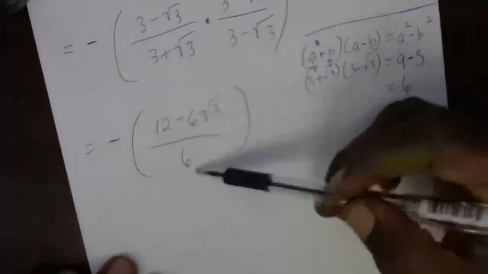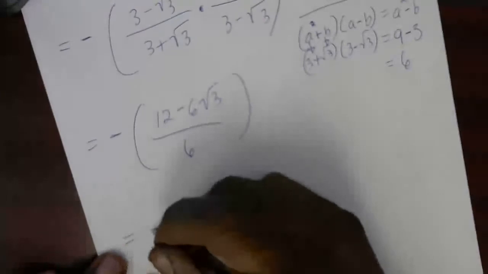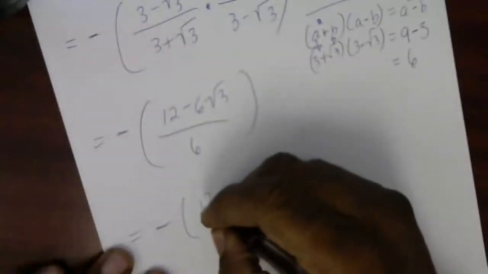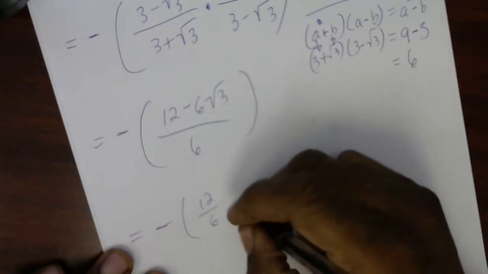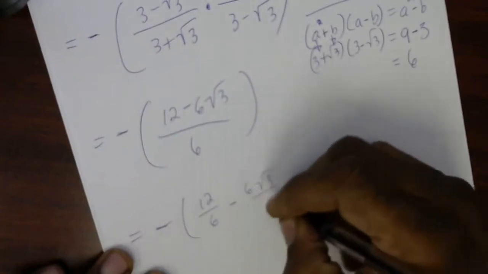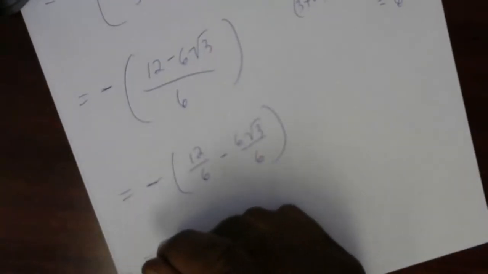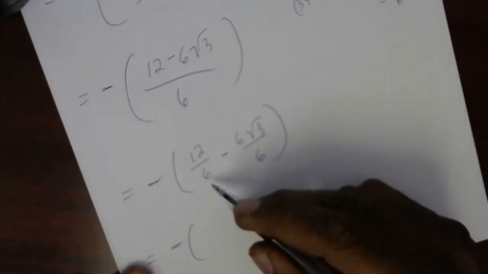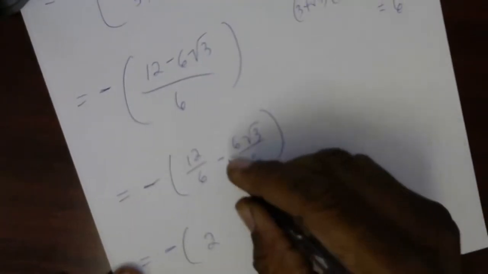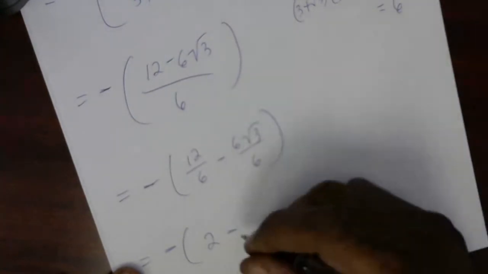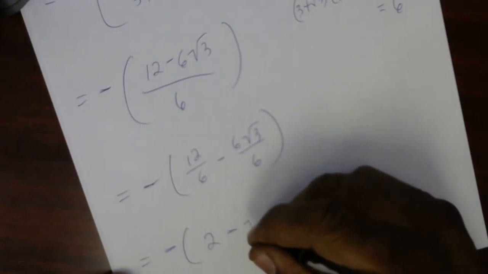So now I'm going to use the divide by monomial theorem, making sure to keep the negative. So we have 12 divided by 6 minus 6 square root of 3 divided by 6. 12 divided by 6 is 2, minus, the 6's cancel, which leaves the square root of 3.